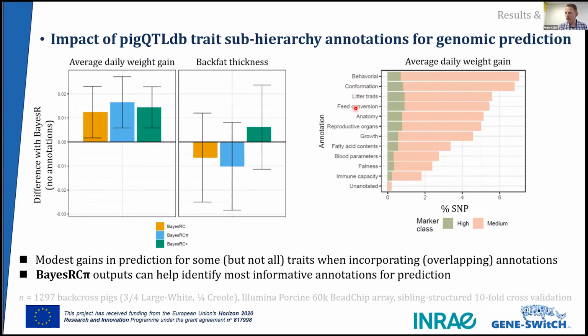For average daily weight gain, those associated with feed conversion have the highest proportion of loci assigned to the class that explains most variance, which intuitively makes sense. On the other hand, the differences between the trait categories are not that big.